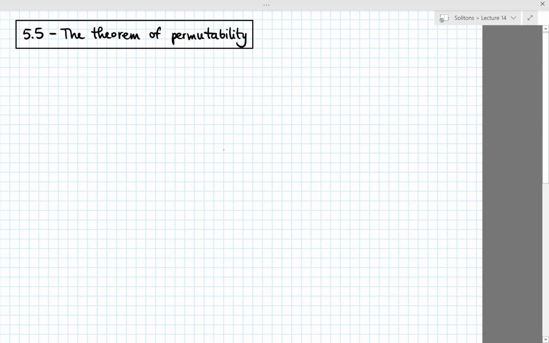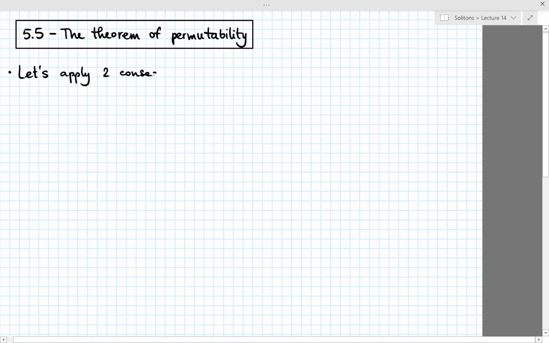This takes us to section 5.5, the theorem of permutability. Let's apply two consecutive Backlund transforms, with parameters A1 and A2.